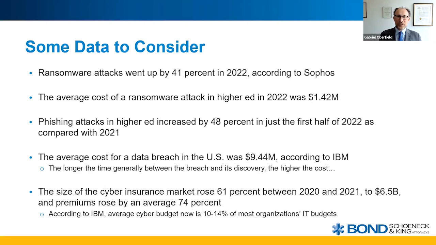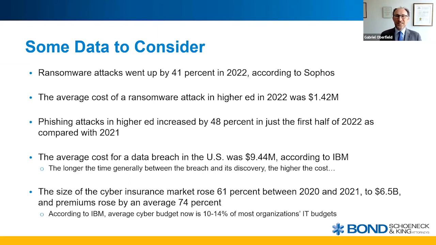Phishing attacks, which I'm confident all of you have experienced, unfortunately, one way or the other, in the higher ed space, increased by 48% in just the first half of 2022 when compared with the totality of 2021. And then the average cost for a data breach in the US, according to IBM, pushed up toward $10 million.